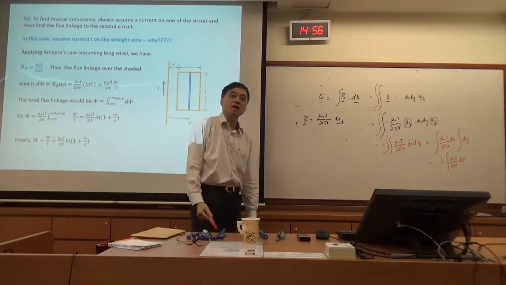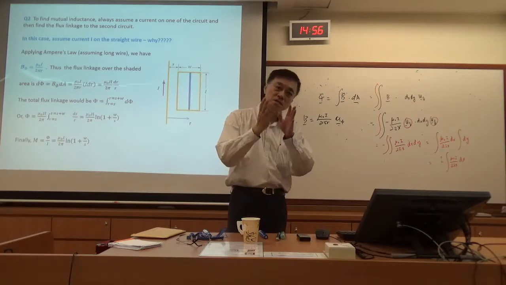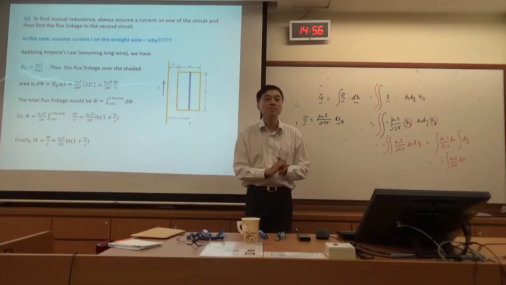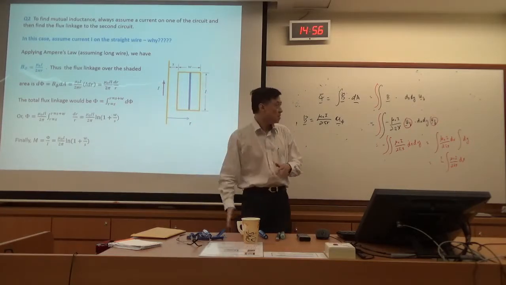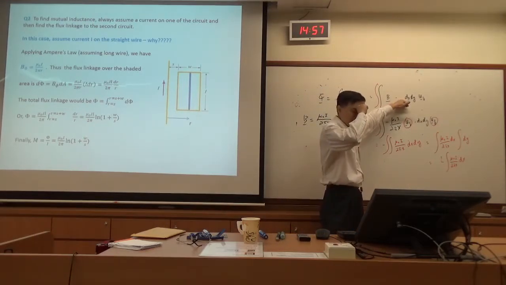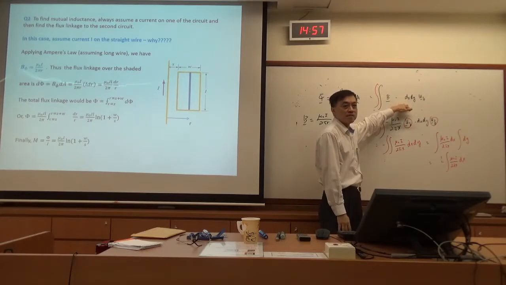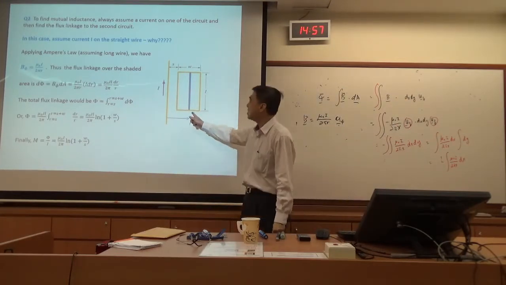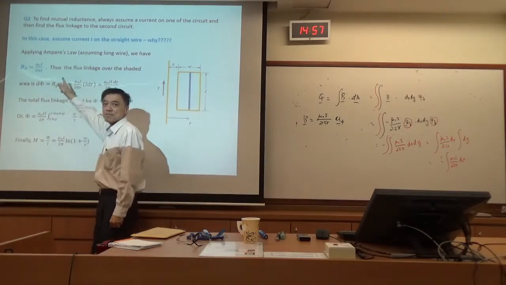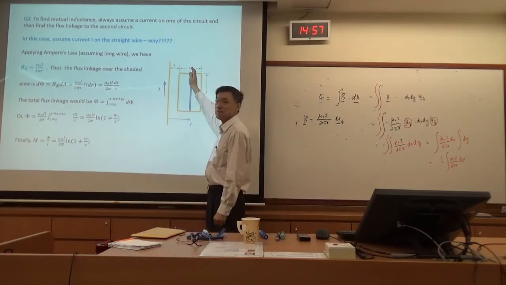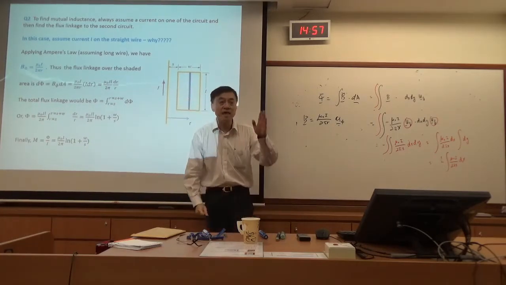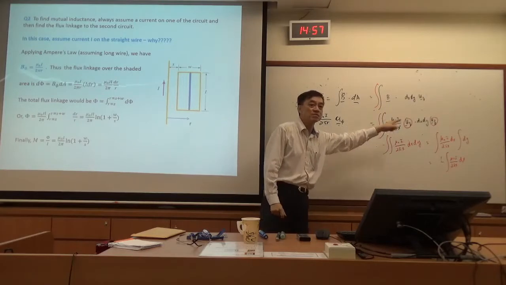Now, that gives you one hint: be observant. Look at the questions. In this case, I just wrote down the elementary area dx dy uz. But if I observe that, due to Ampere's law, the magnetic flux density is not changing in that direction, I can always write the elementary area differently.